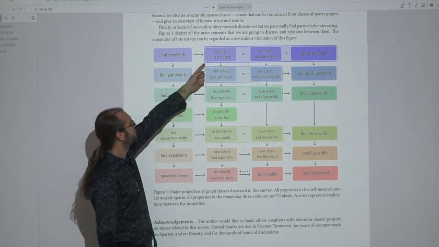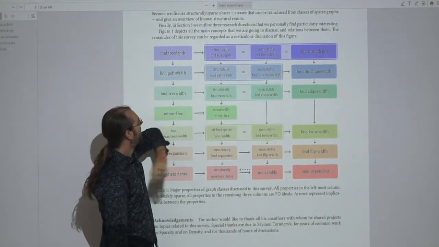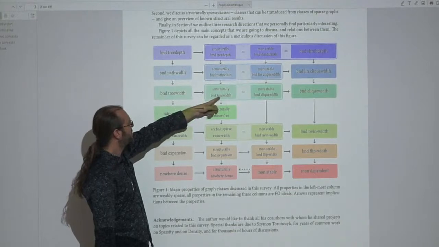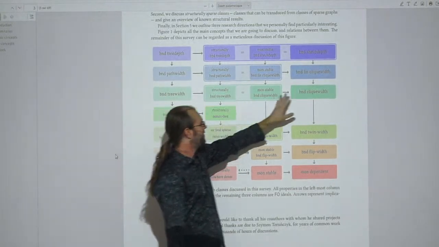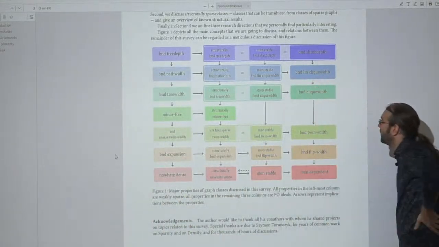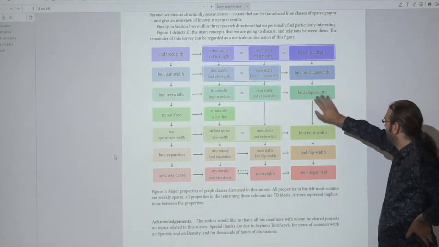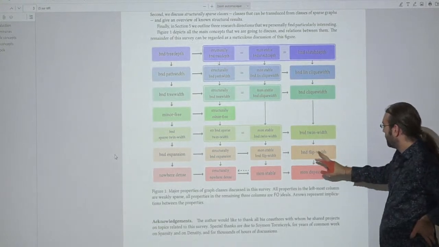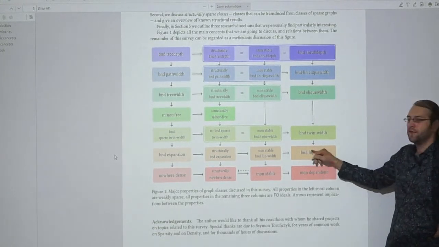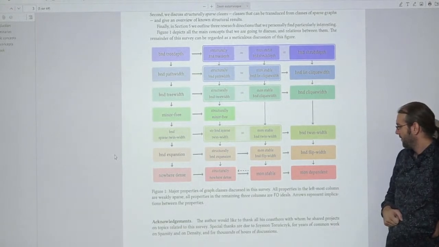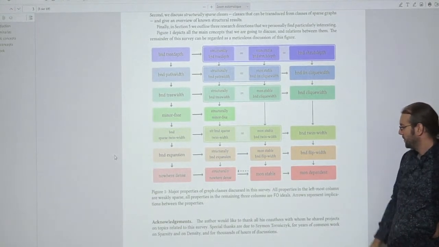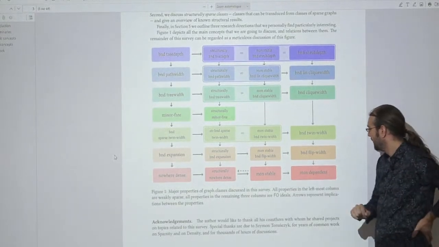So that's what they call structurally bounded tree depth, structurally bounded pathwidth, structurally bounded treewidth, and so on. And then on the right you get these dense graph classes. Bounded clique width, bounded twin width. Okay, bounded flip width. This is interesting. Two years ago there was a paper on arXiv by Szymon Toruńczyk, another colleague from Warsaw. So the Warsaw team is really at the front for this.